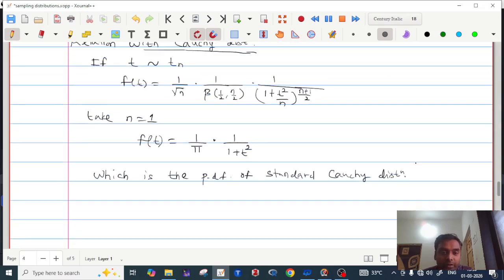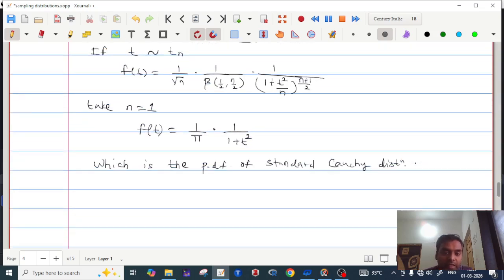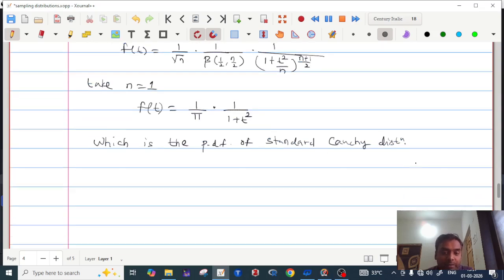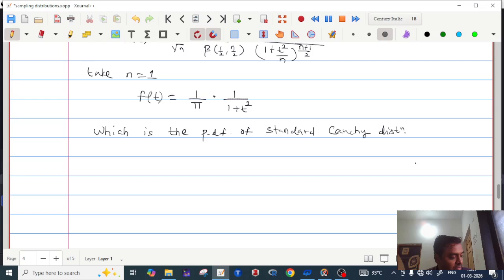So if t follows t with n, and if you take n equal to 1, then that will be the PDF of the standard Cauchy distribution.